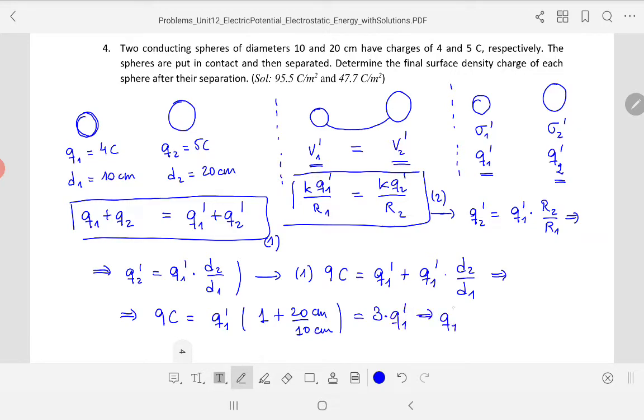So Q1 prime has to be 9 coulombs divided by 3, which is 3 coulombs.